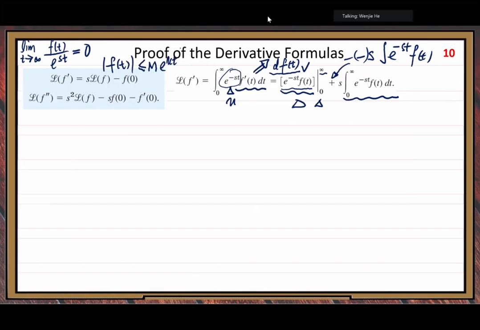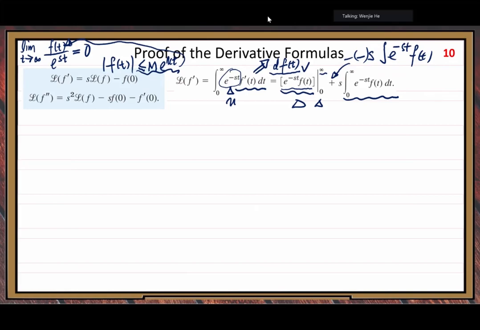Now we apply this inequality, replacing with m times e to the kt in the numerator.